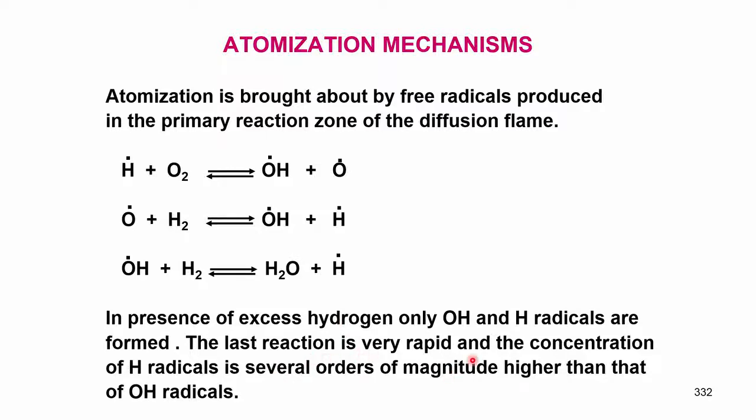The last reaction is very rapid, and the concentration of H radicals is several orders of magnitude higher than that of OH radicals. This means that the reactivity of hydrogen radicals would be much faster than OH radicals. That is what we want.